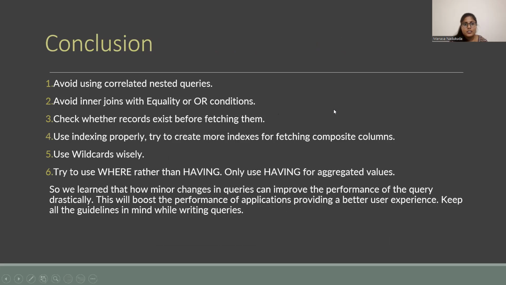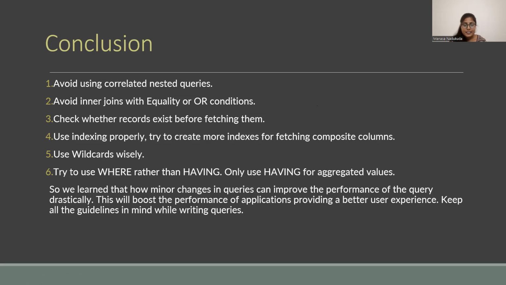Next, going to the conclusion, we have to avoid correlated nested queries. And then we have to avoid inner joins with equality or OR conditions. And we have to use wildcards wisely. Use indexing properly to create more indexes for fetching composite columns.